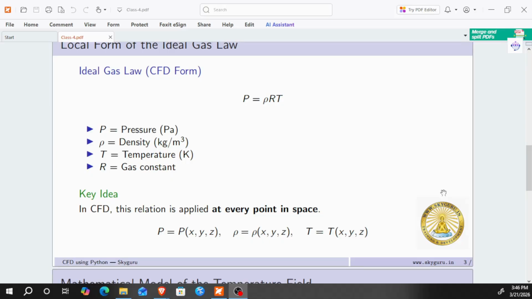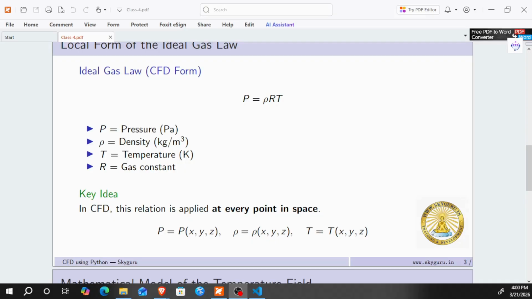Hence we obtain this equation P equal to rho R T, where P is the pressure, rho is the density, T is the temperature, R is a gas constant, and pressure varies at each point in space. Hence it is written P(x, y, z), and the same applies to rho and T.